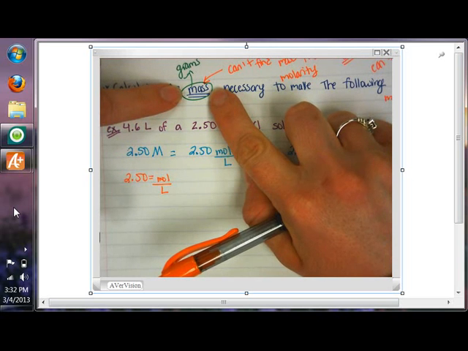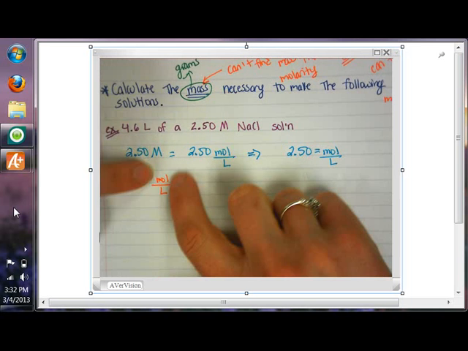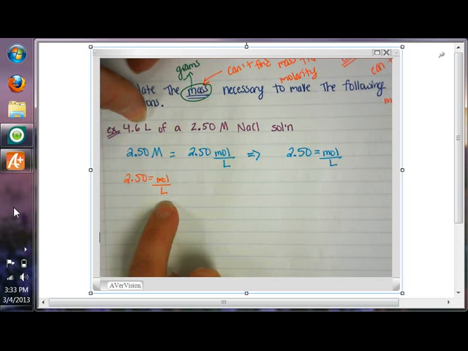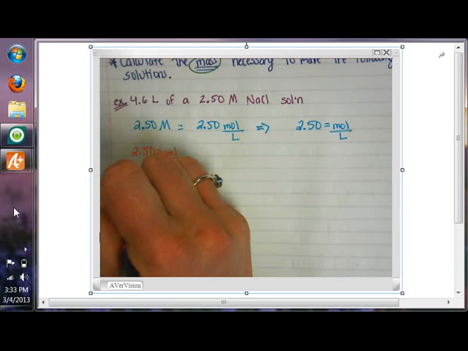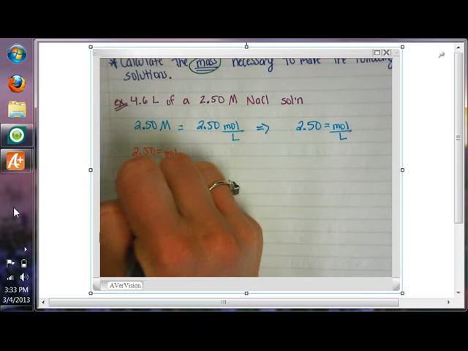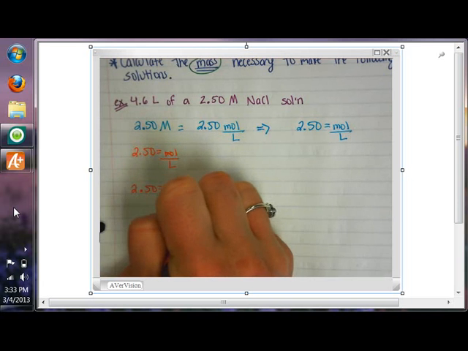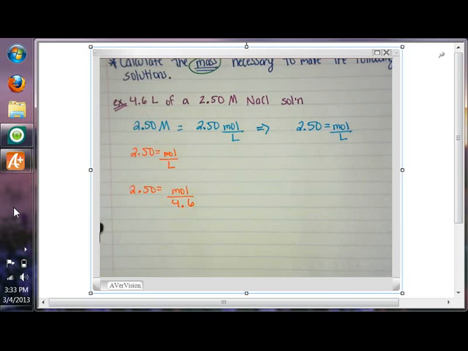Now they want me to find the mass. I can't find the mass right away. What I can do is I can find the moles. Notice they give me a volume. They give me 4.6 liters. I can plug that into the liters section right there. So 2.50 equals moles over 4.6.